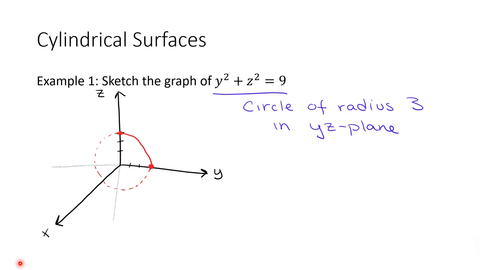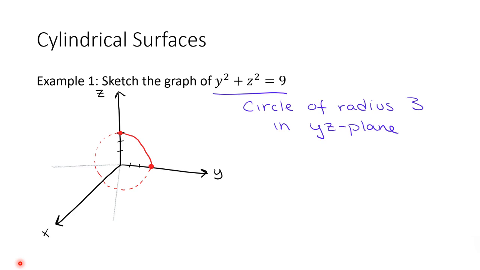So the very first thing I notice is that this equation doesn't have any x's in it. It only has a y and a z in it. And so what that means is if I look at this in the YZ plane, I should see a circle centered at the origin with a radius of 3.